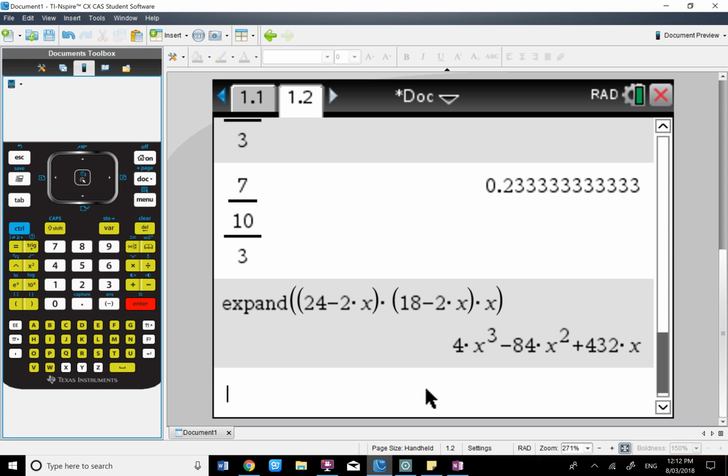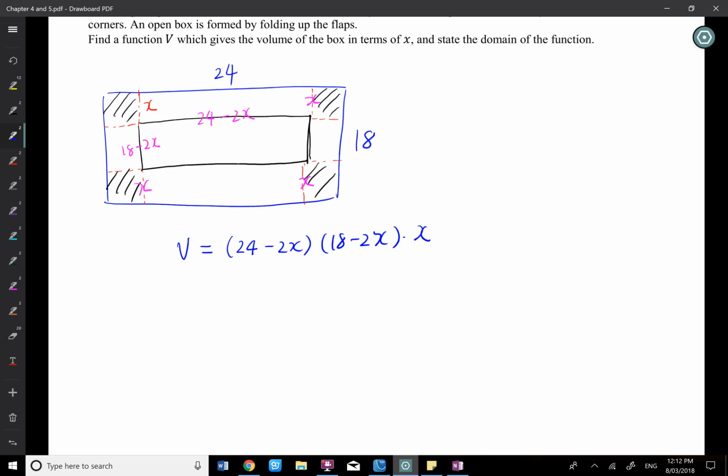Okay, 24 minus 2x times 18 minus 2x and times by x. You will have this equation here: 4x cubed minus 84x squared plus 432x. That's the expanded form. Well, you can expand by hand as well.